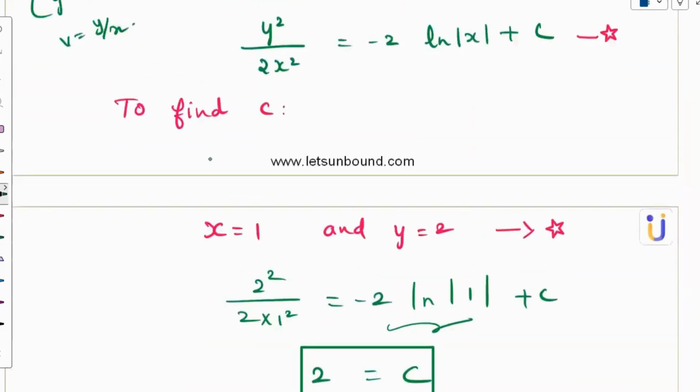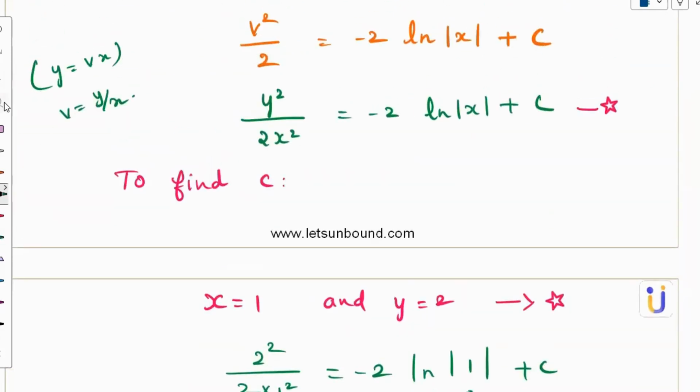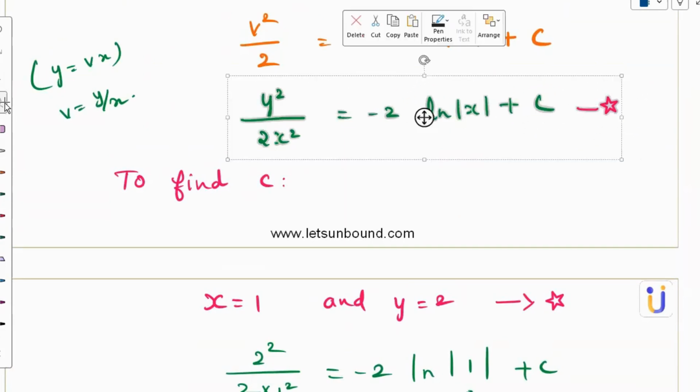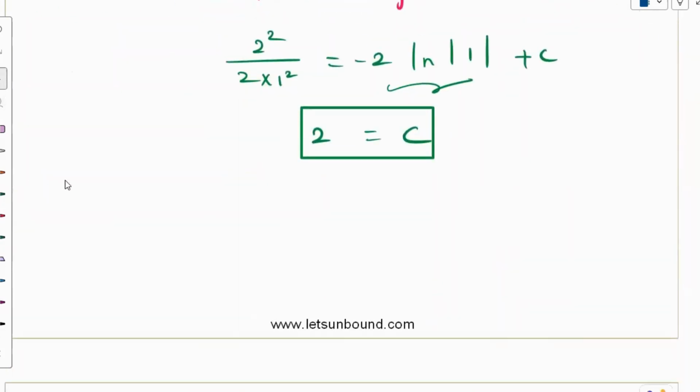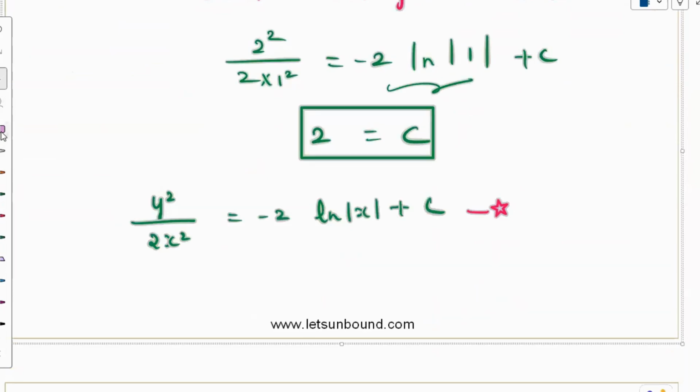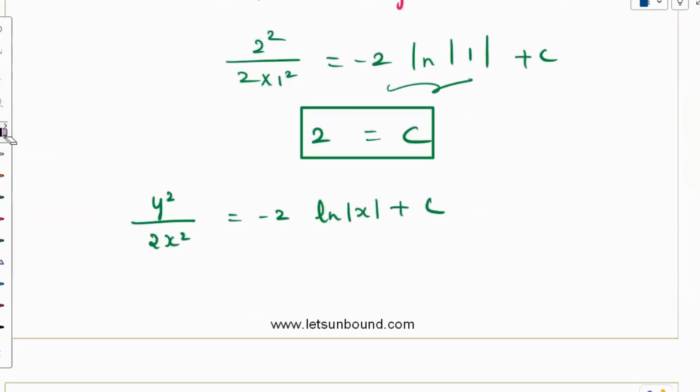So that's it. Now I'm just going to copy this function. It is complete now, as we know the c value also. Just replace the c with 2.